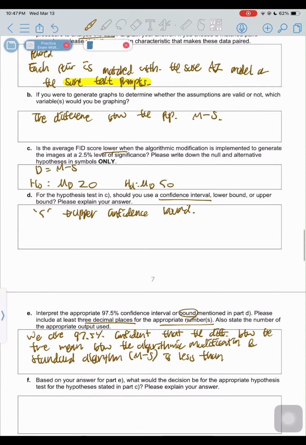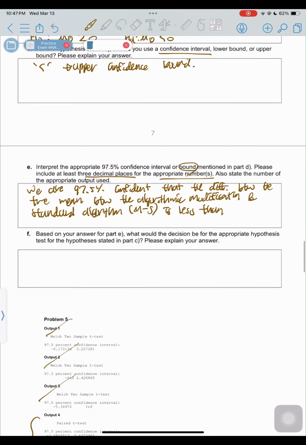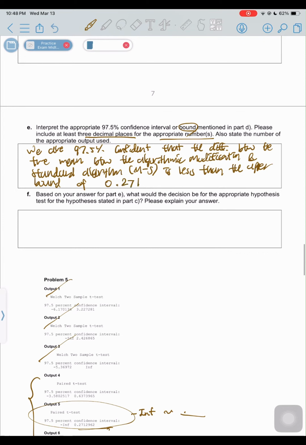Oh, 0, yes. Oh no, it's not less than 0. Less than the upper bound of 0.2712962. That value is the important value.